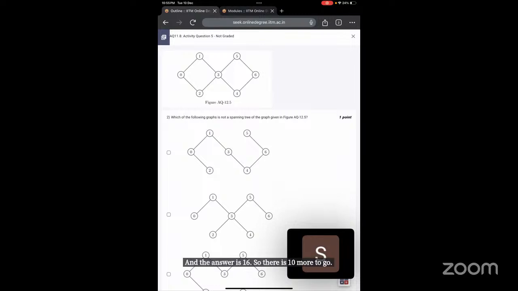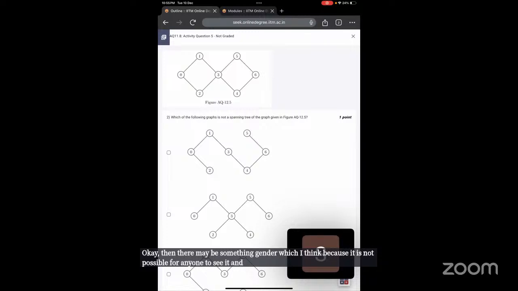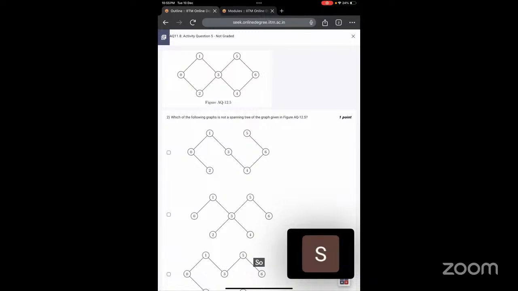Then there may be something general, because it is not possible for anyone to sit and just draw all the spanning trees. So we may need to use some method. Yes, ma'am. Yes, because it is a simple graph, but what if it's a complex graph?